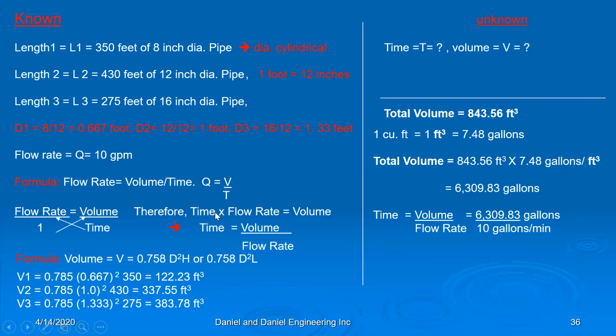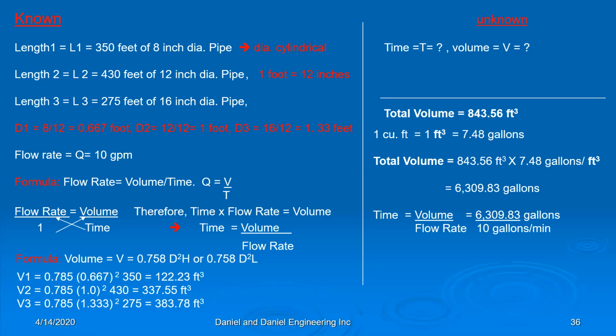Again, going back from here, my time is volume divided by flow rate. I had a total volume of 6,309.83 gallons, and my flow rate was 10 gallons per minute. I'm taking out the P for the per and putting in the forward slash so that you remember that means to divide.